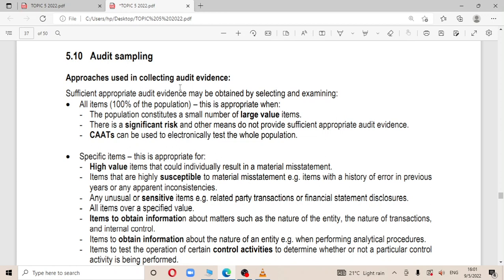Limited access to the information. Limited access, yes. It's expensive. Expensive to audit everything, yes. When the client is not really highly risky. When the client is not very risky, yes. Effectiveness of controls, yes. Large volumes of data, yes.